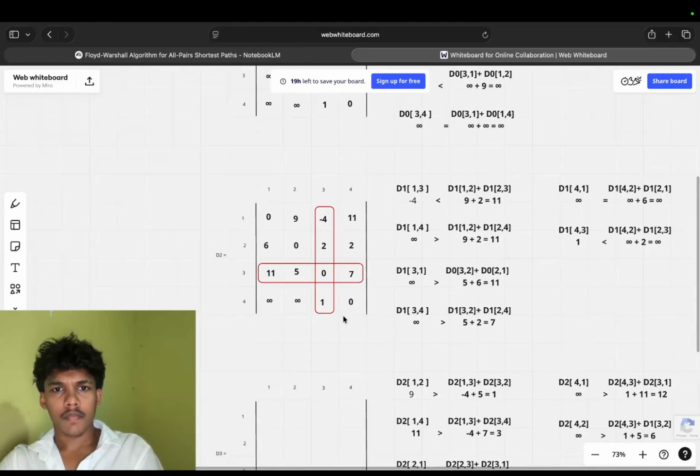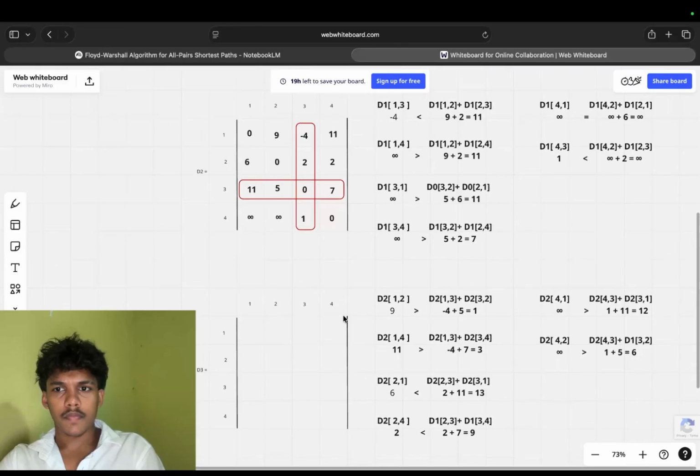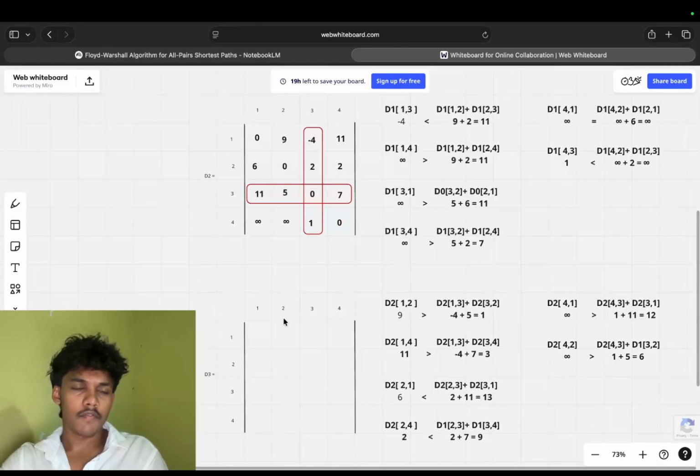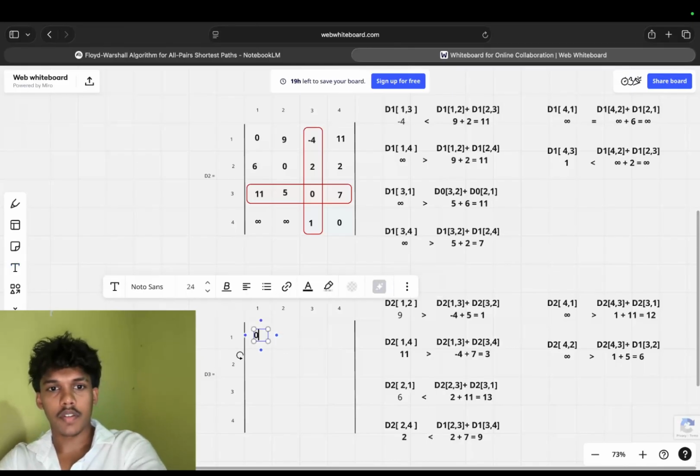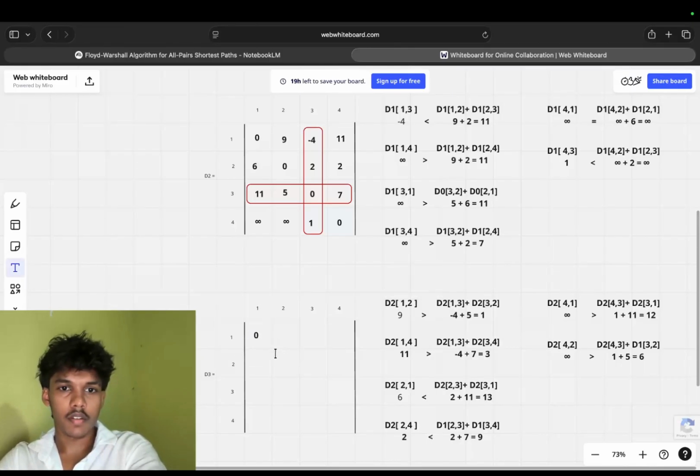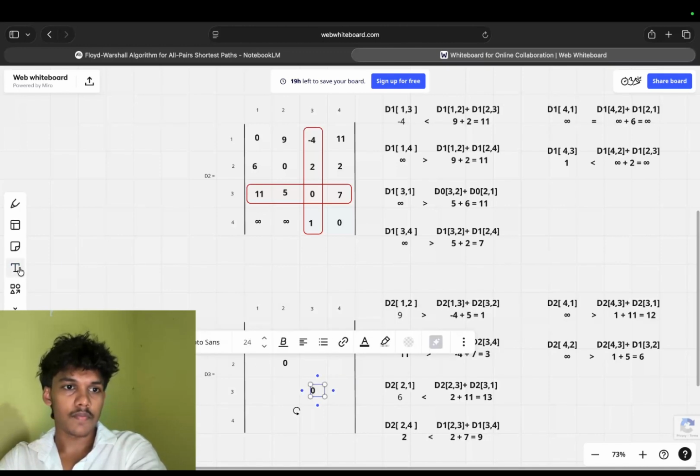Okay. Alright. First we will fill out the diagonal, which we know is 0 obviously, because distance from a vertex to itself is always 0.